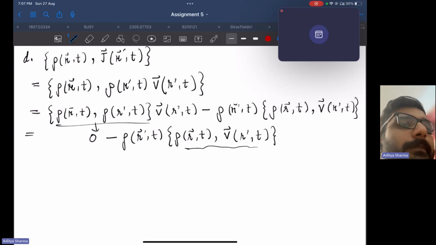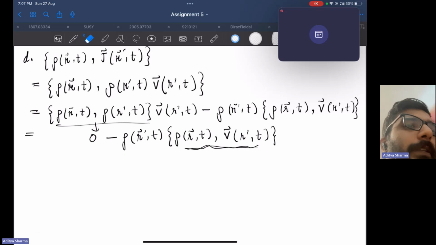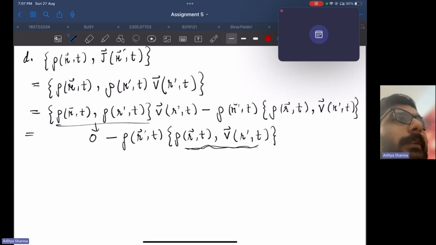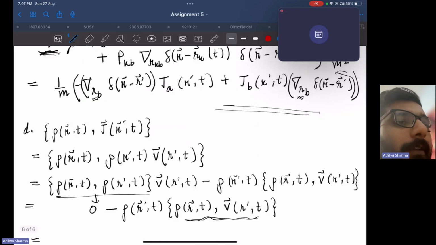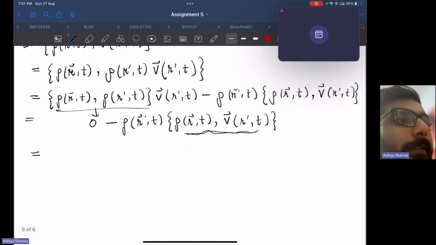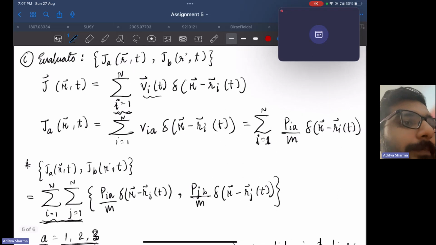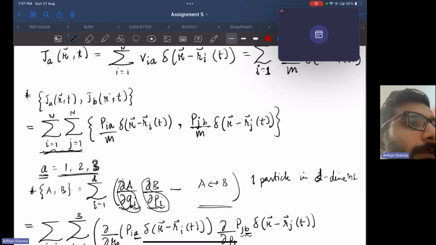Now this part is just P, and from what you had done earlier, we have not exactly calculated this, but the way to do that is also similar.